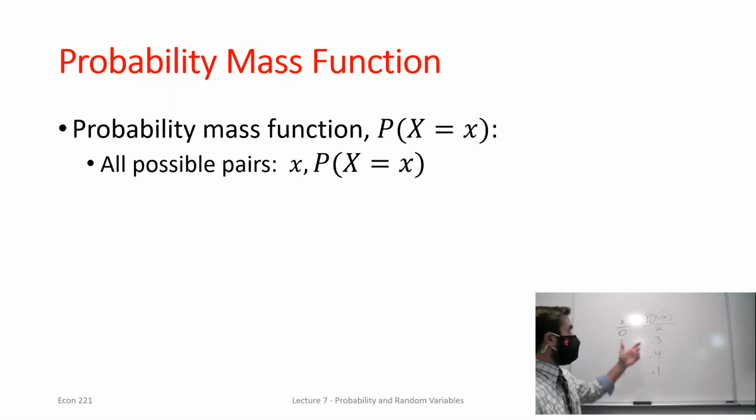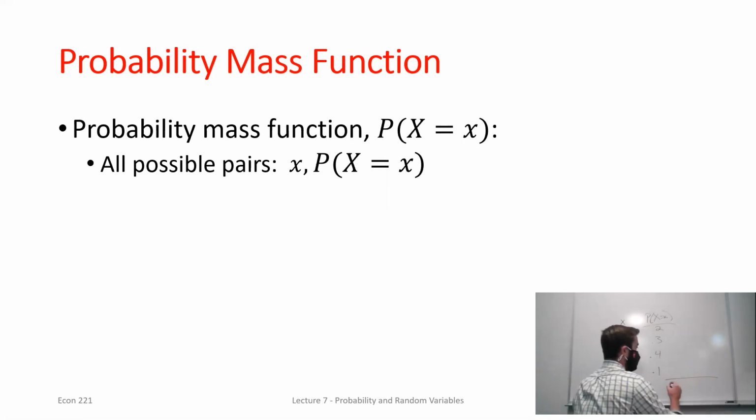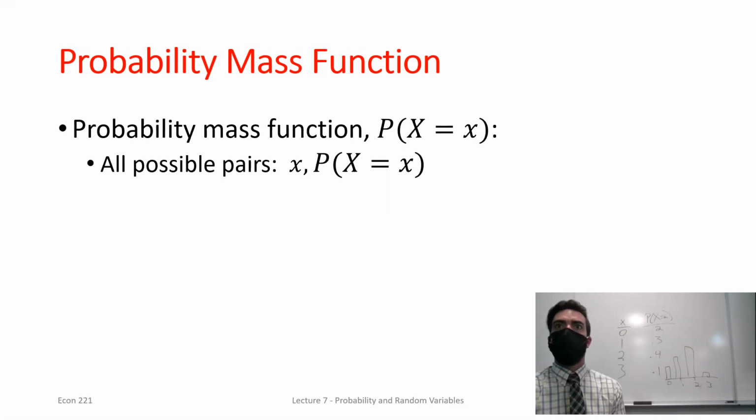So if you think about it this way, we now have X, Y pairs. We could really just plot these just like we did frequency distributions, right? Once I have the different outcomes, the first one has a probability of 0.2, 0.3, 0.4, 0.1. It's really things that we've already done.